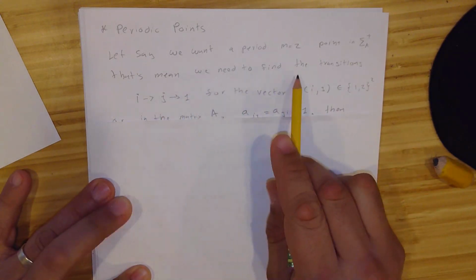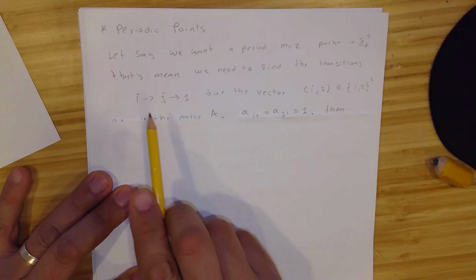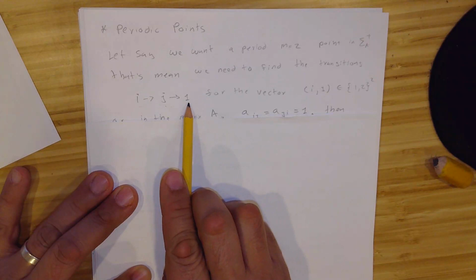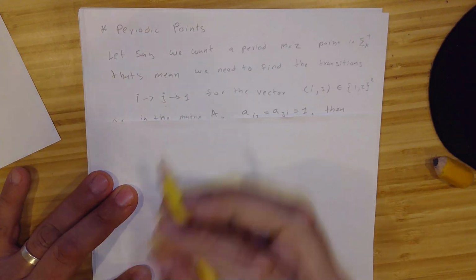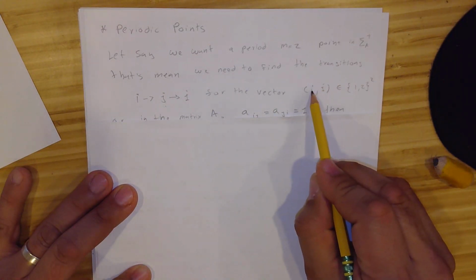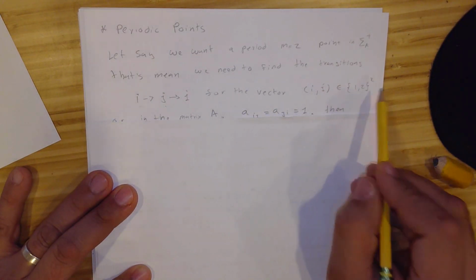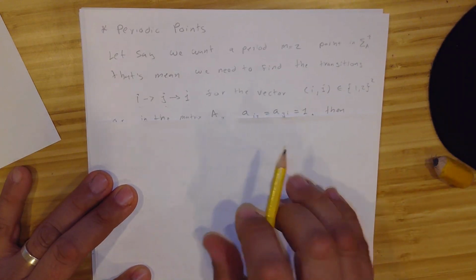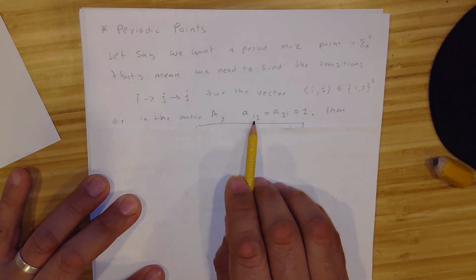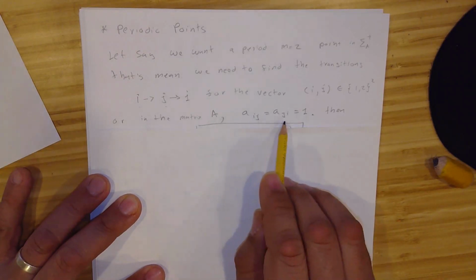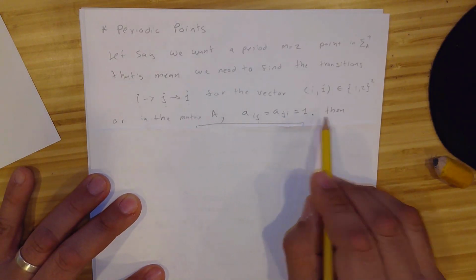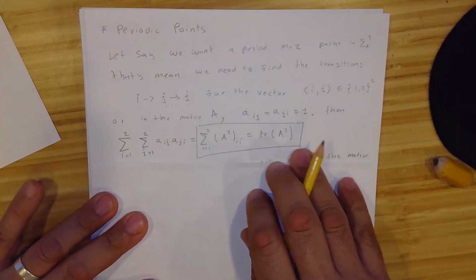That means we need to find the transition from I to J, and then this transition comes back to I, for a vector I and J that belong to this set. Or in the matrix, whenever we have the transition from I to J, it will go from J to I in the second place, and then it goes back to once.